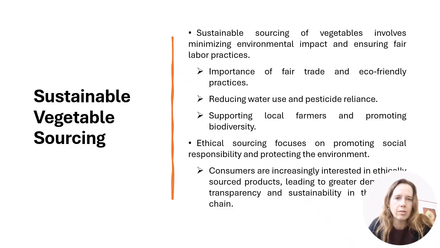Another concern or question when we talk about vegetables is sustainability, especially the sustainability linked to the sourcing. So we are also trying to target that and reduce the footprint and also to have some fair trade and eco-friendly practices.